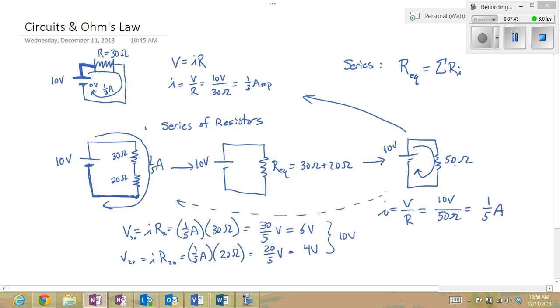So the sum total of all those drops has to add up to the available potential. So I could have gotten this 4 volts by doing a subtraction here. Either way works.